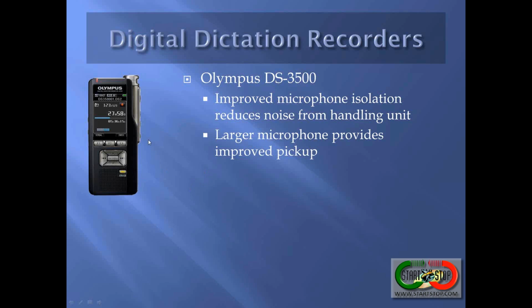The main difference is that it's push-button operation instead of slide switch. You would have push buttons to control rewind and playback and record instead of sliding the switch up and down.